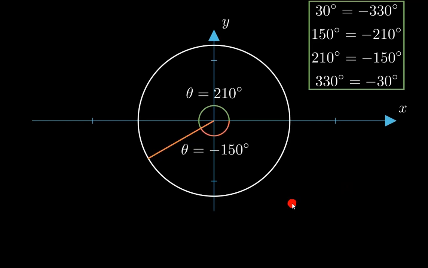Those angles have an inclination of 30 degrees to the horizontal. In a case where they want you to write an angle between negative 180 and 180, you can see that now you have negative 150. When you get 210 as the positive angle, you just write it as negative 150 degrees.